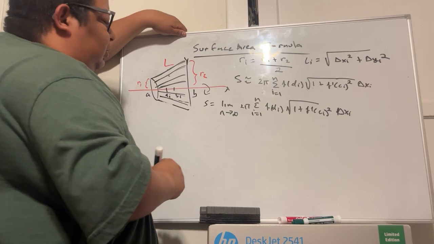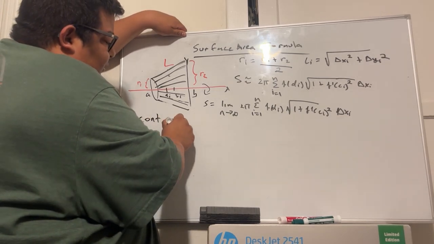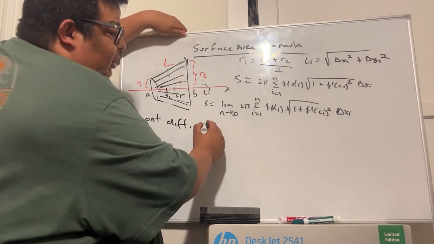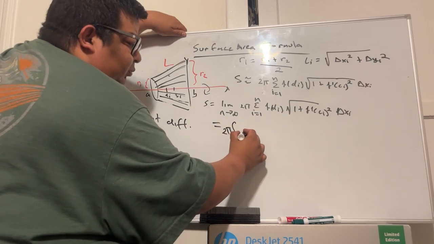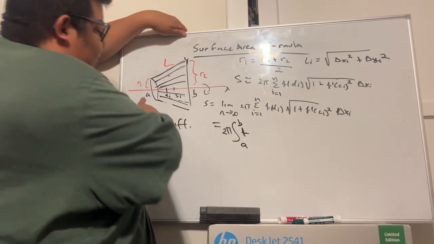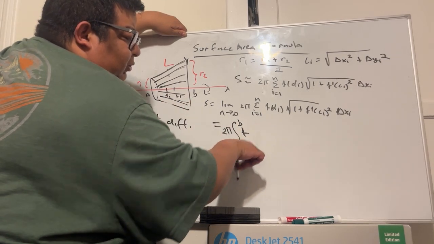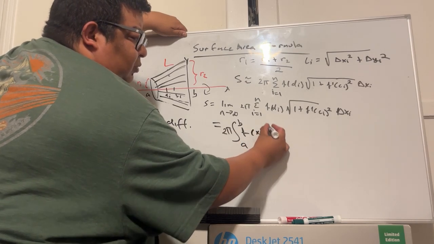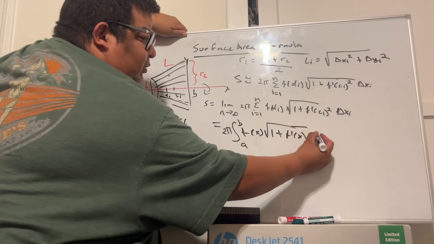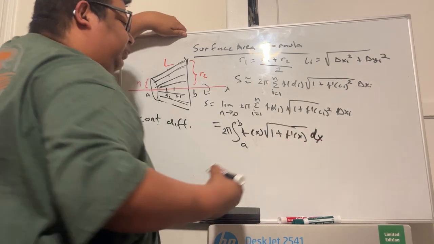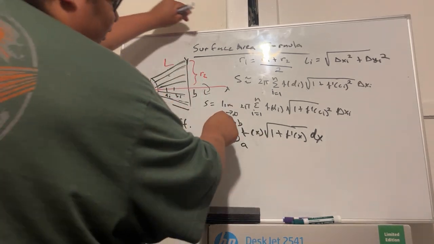And since the function is continuously differentiable, we let this equal the integral from a to b of 2 pi f of x times the square root of 1 plus f prime of x squared dx. And there we have the formula.